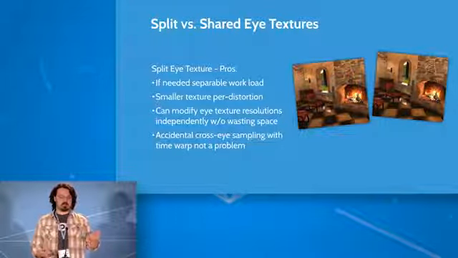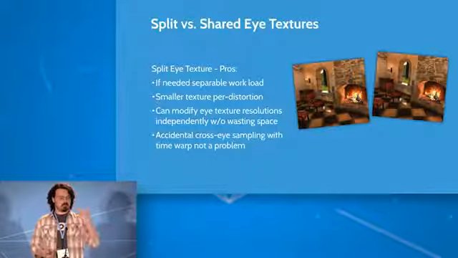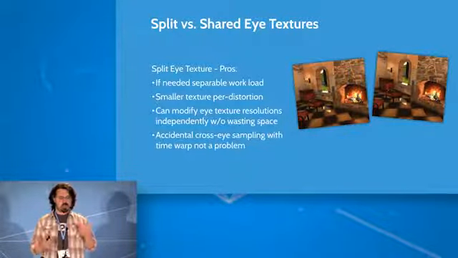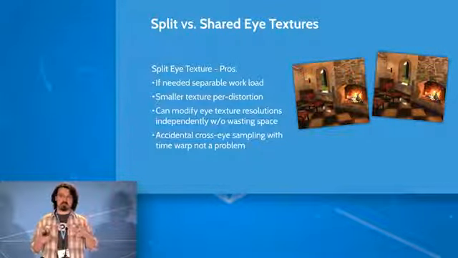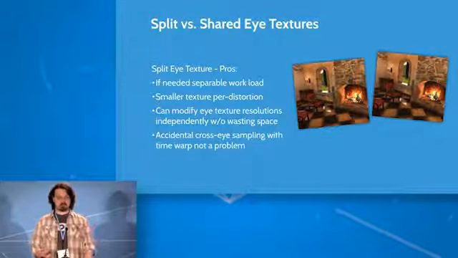Another useful thing is that now your eye textures overall end up being smaller, and some GPUs function faster this way. Another interesting part is that if you have different eye relief for each eye, and this is a relatively common case, then you can resize your eye buffers to be different without wasting any render target space.